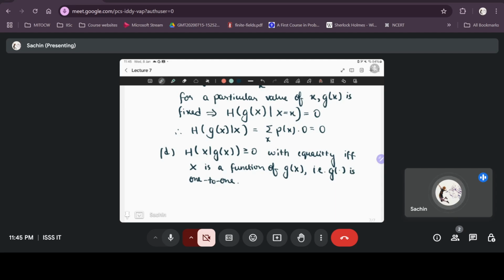But when we say g of capital X, the codomain is simply the range.